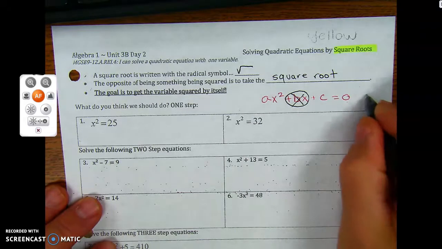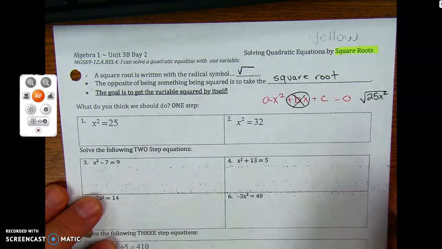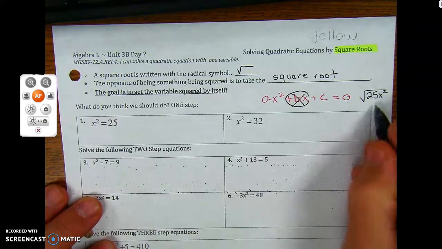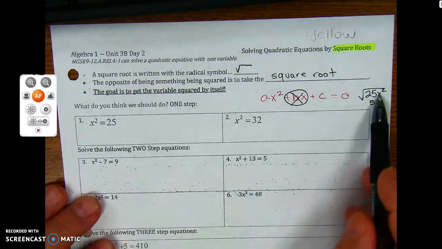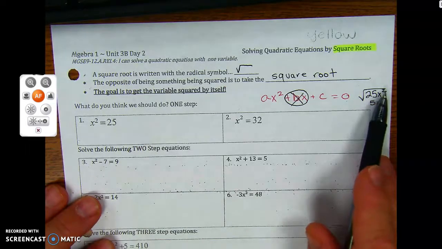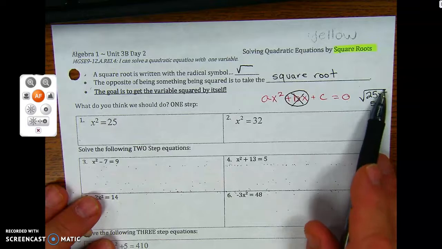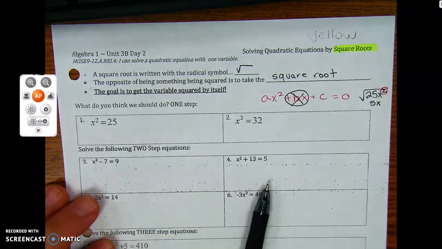When we wanted to know if 25x squared was a perfect square, we would try to take the square root of it, and we would get 5x. So we're going to be taking the square roots of things that are squared so that we can get rid of this exponent. That's what we're trying to do.